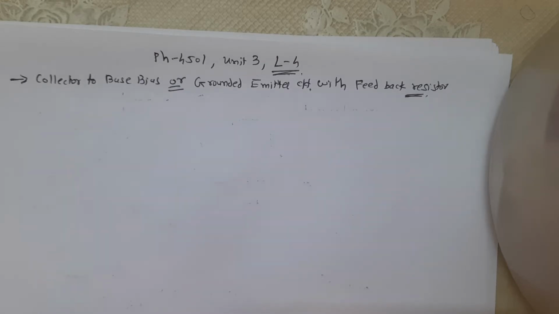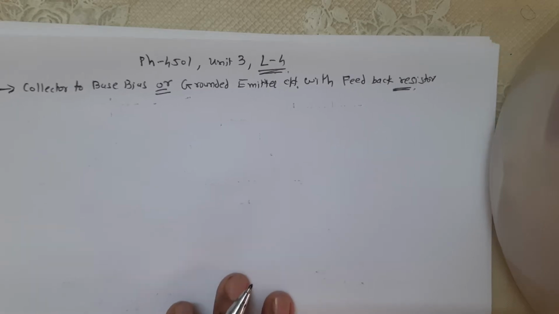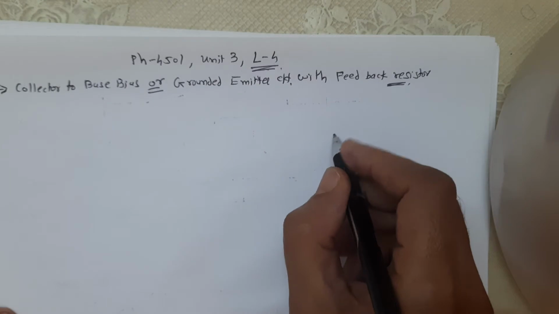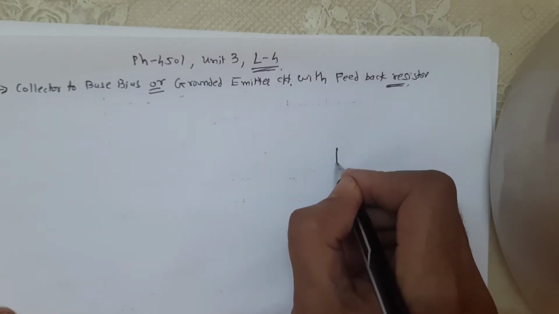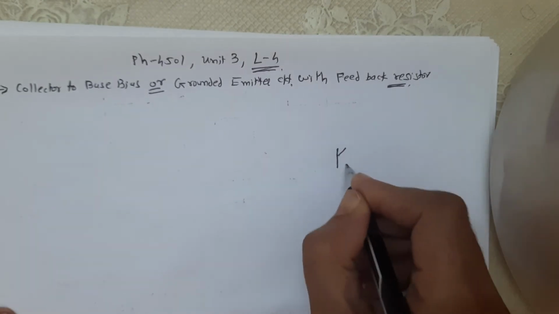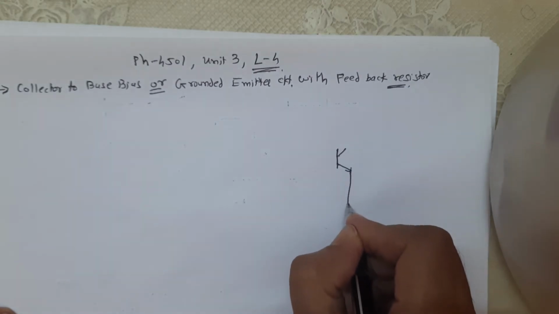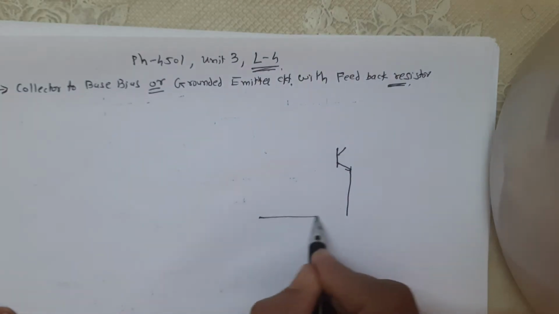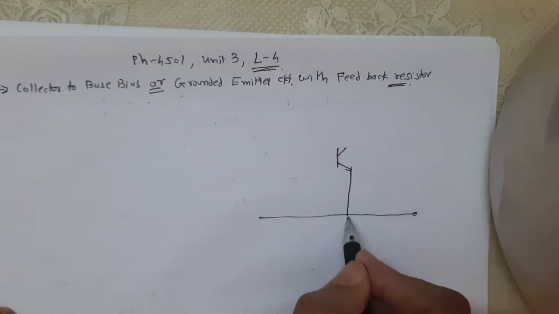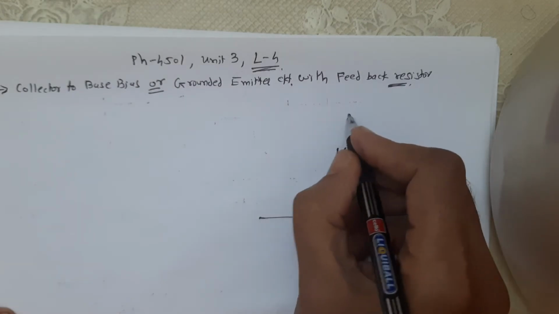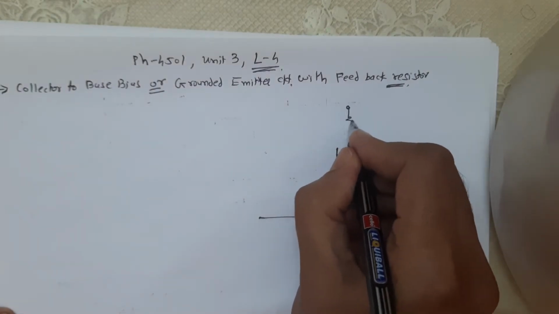The circuit diagram is as given. We can draw the circuit diagram. This is your transistor, collector, emitter. The emitter is grounded. At the collector, there is a resistance RL.